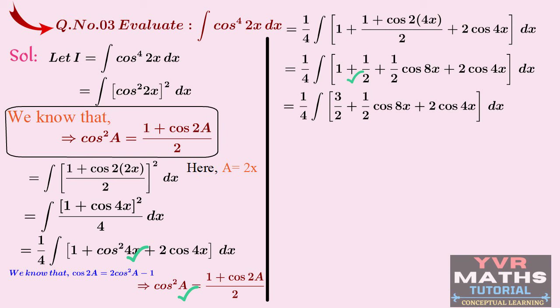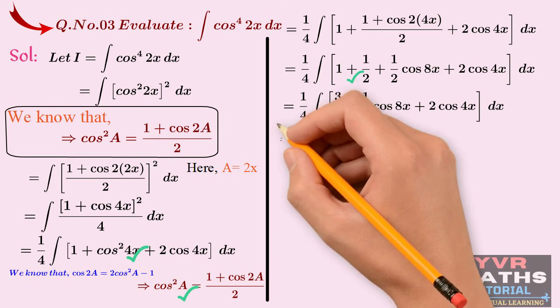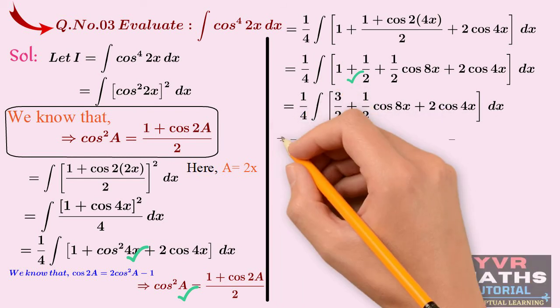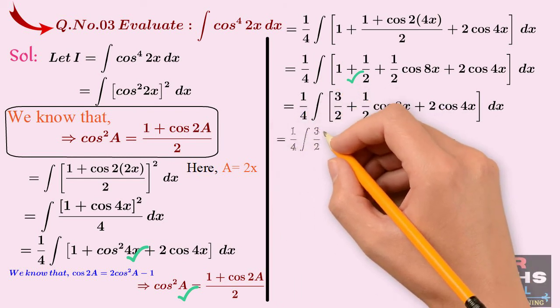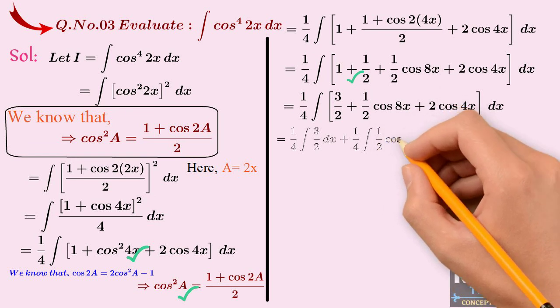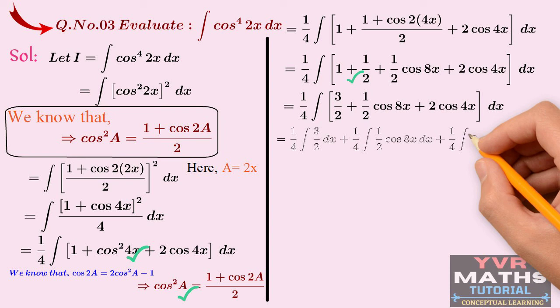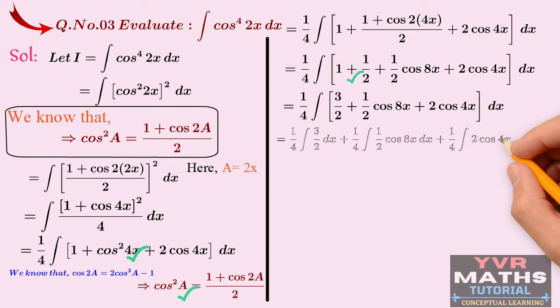Now, by using basic properties of indefinite integrals, I am going to write individual integrals. Then in the next step: 1 by 4 into integral 3 by 2 dx plus 1 by 4 into integral 1 by 2 cos 8x dx plus 1 by 4 into integral 2 into cos 4x dx.